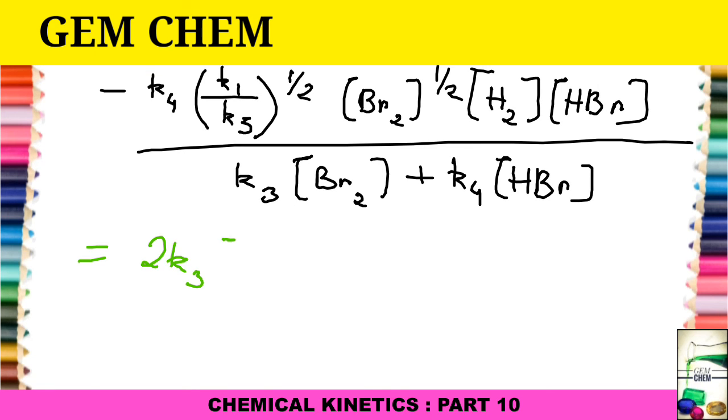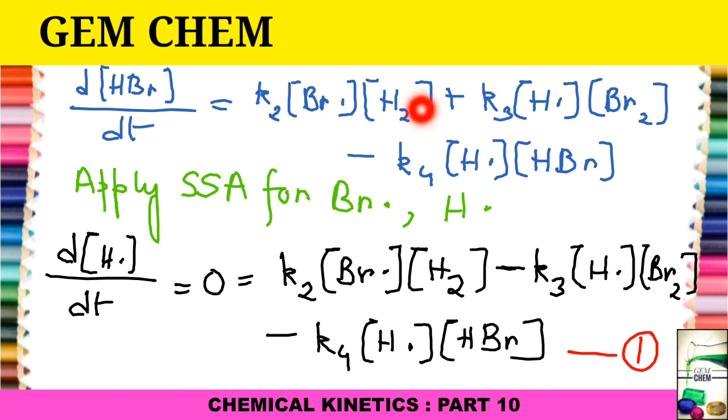2K3 H dot Br2. How did it come? For this one, we are ignoring these two terms because the terms are becoming more and more big. So we can only take this term.